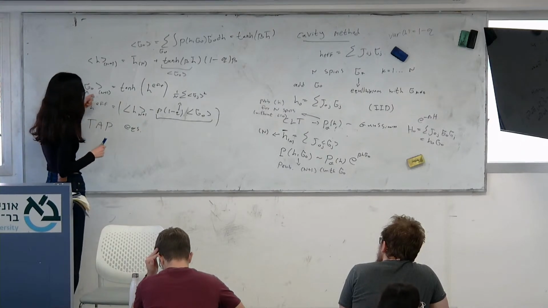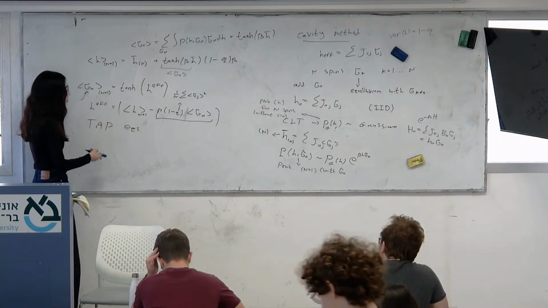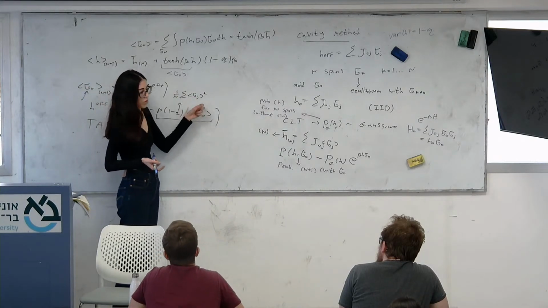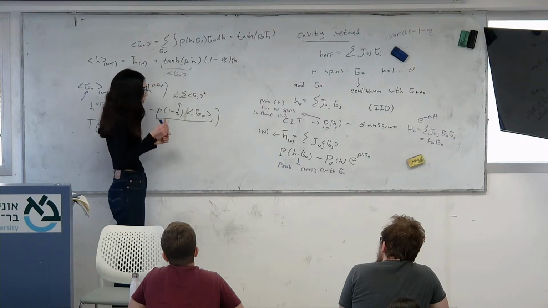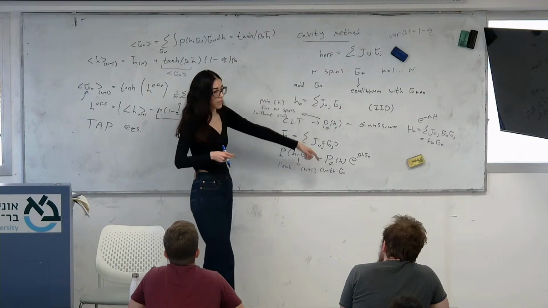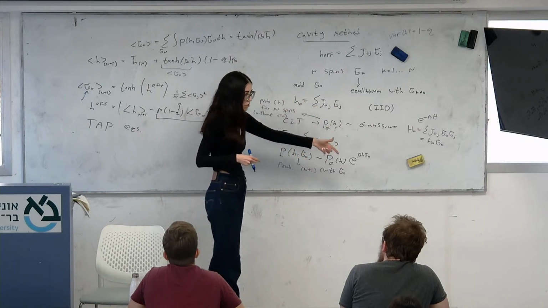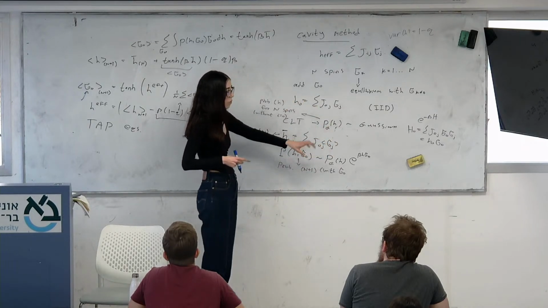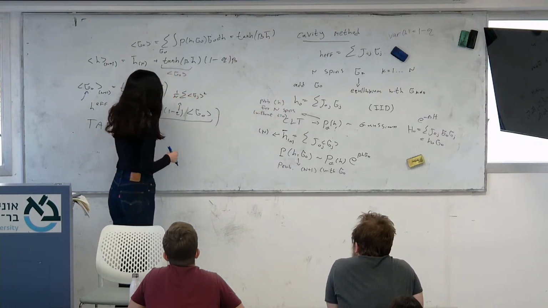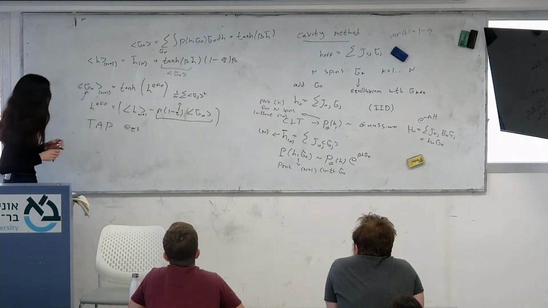So the self-consistent equation is for sigma 0, and the correction relates to the rest of the spins, and so I can choose whatever spin I want. I can do something similar and continue, but then I get additional orders. I think you can do it for more orders. I don't know how to do this, but you could do something similar. But yeah, that's basically it.